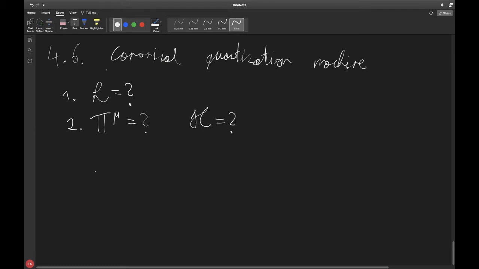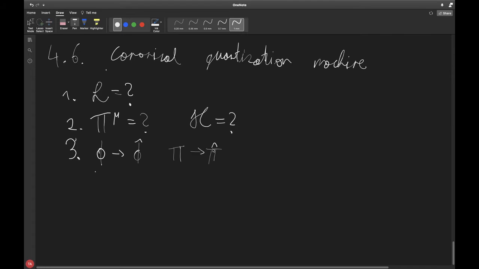The next step in our recipe, number 3, is that we treat the fields as operators. That's really what quantum mechanics is, that we deal with operators. So phi is going to move to phi hat, and pi is going to move to pi hat, and so on.